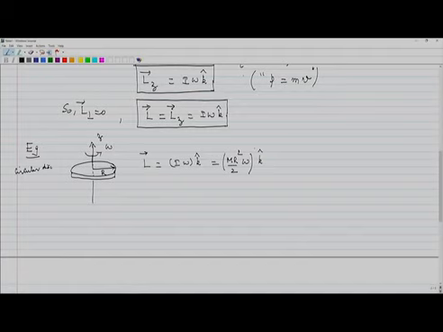Now I can do a slightly different problem. This was example 1, this is example 2. In the earlier problem, we coincided the z-axis with the symmetry axis of the body. Suppose the z-axis lies outside, and we have the same situation, same body.